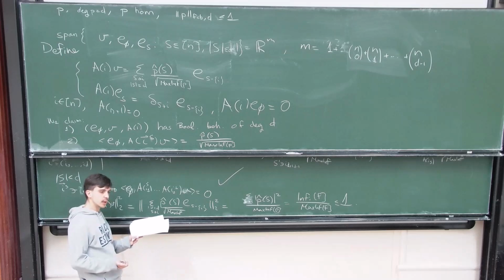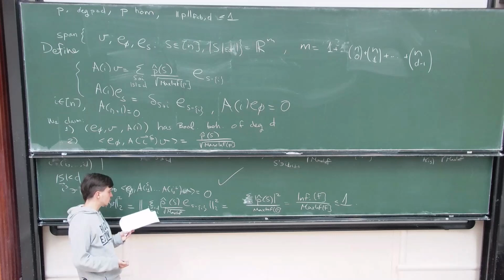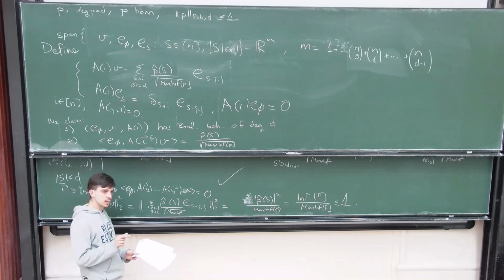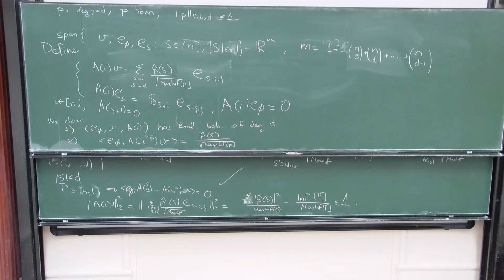It's orthogonal. A_i V is sending everything to vectors labeled by sets of size d minus 1. But for A_i E_S, you send it to a vector corresponding to a set of size at least one smaller, right? Their inner product could be like this. No, but A_i V is orthogonal to A_i E_S.